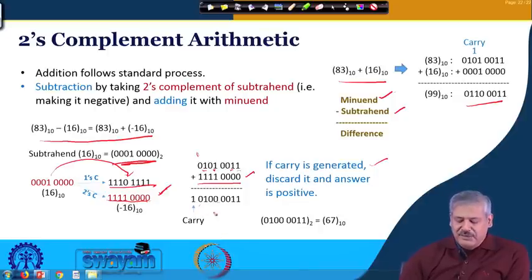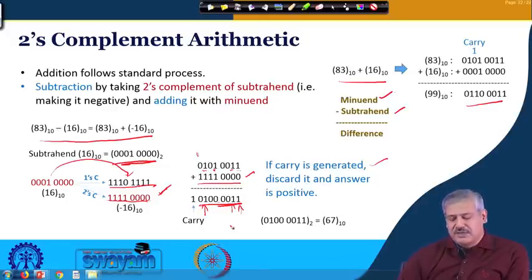So, the result that you get from this operation is to be finally understood in this manner. If there is a carry generated, discard it, right, and the rest of the number is to be taken as the final answer, which is positive. So, if you look at it, this is 64, right, and this is 2 and 1, so 67.